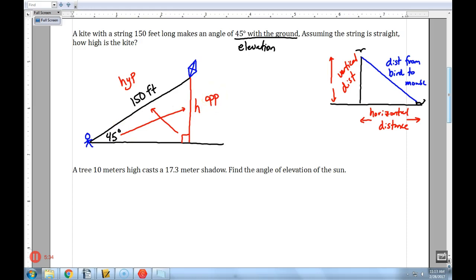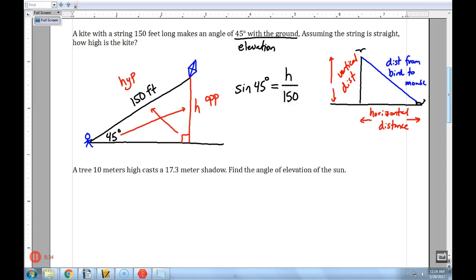So opposite and hypotenuse, I think I'm going to use sine. So the sine, when standing at 45 degrees, is the opposite leg over the hypotenuse. And I just solved this problem.